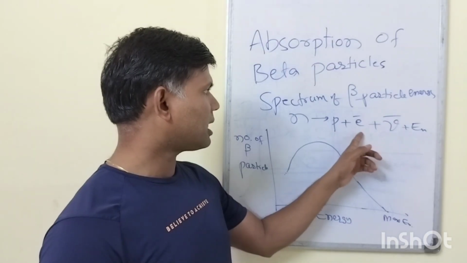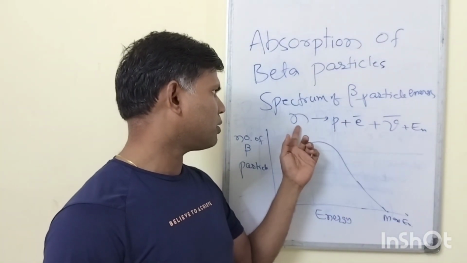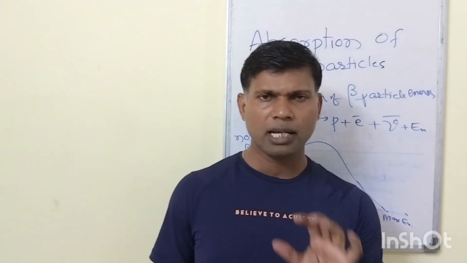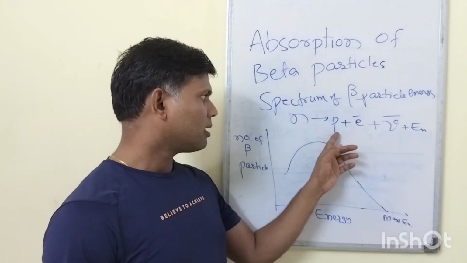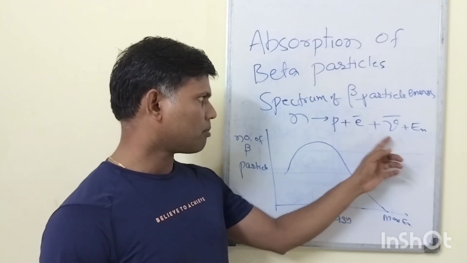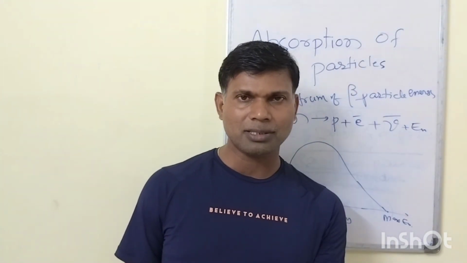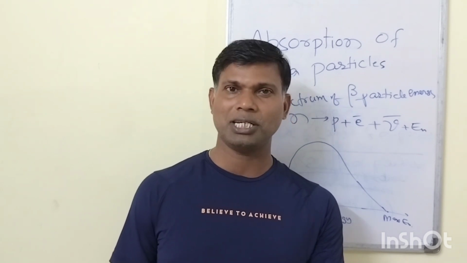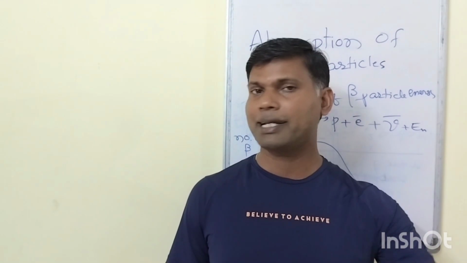Mass of proton plus electron plus this antineutrino, negligible mass. If you take the difference with the neutron mass, some mass loss is there: mass of neutron minus the sum of the masses of proton, electron and antineutrino. That mass lost is converted into energy. With that energy only, this beta particle is moving with high kinetic energy.